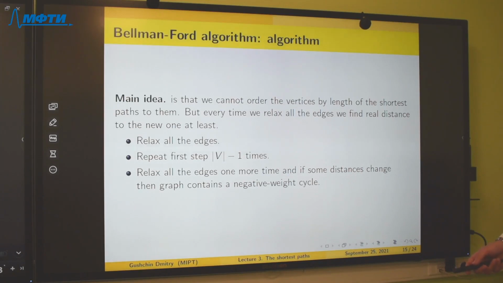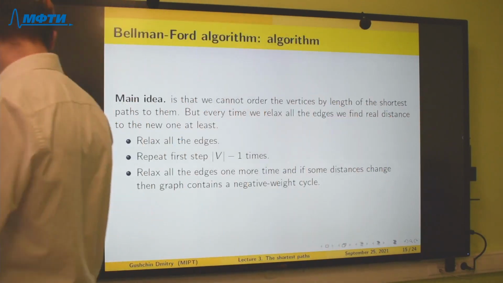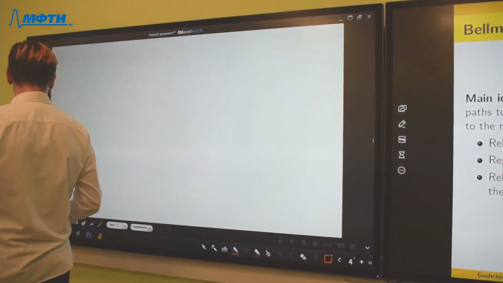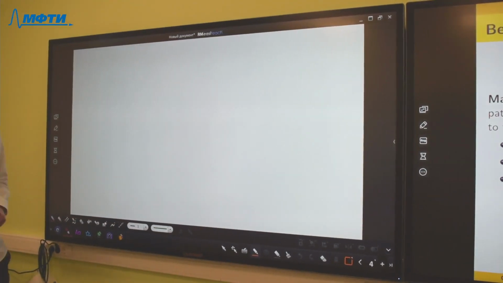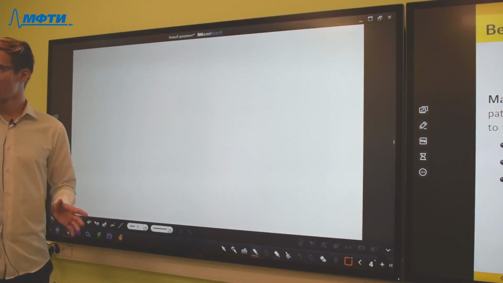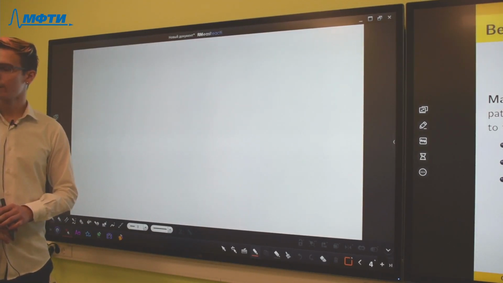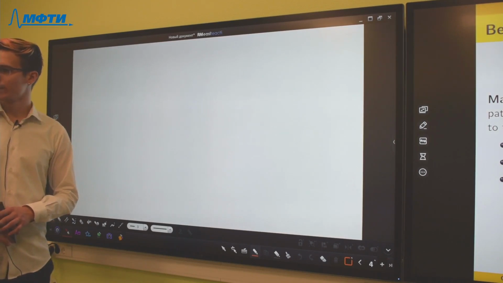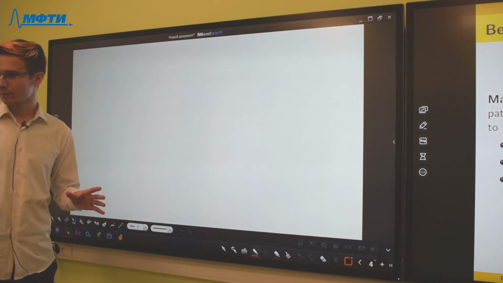Okay, and about the next algorithm, the Bellman-Ford algorithm. For example, imagine that we find all the shortest paths between the source and other vertices.